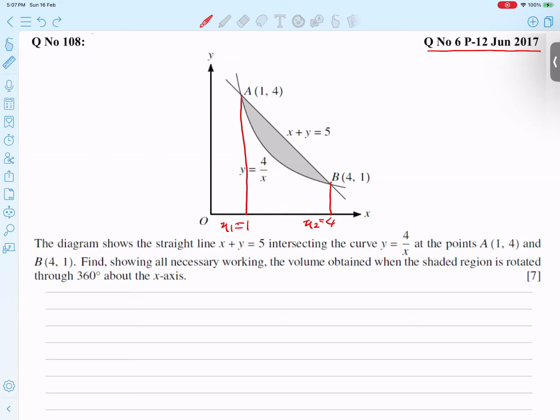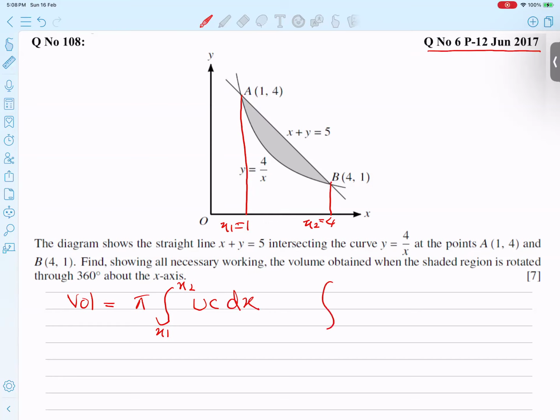Okay, very interesting. So the volume formula about the x-axis for one curve only is pi, integral from x1 to x2 of y squared dx, or I say the upper curve squared dx.